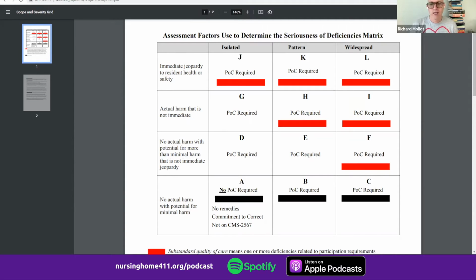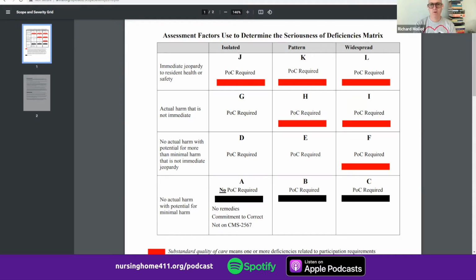And when the surveyor finds that a facility is out of compliance, that's when this matrix comes in. What this matrix actually does is it gives the surveyor, the survey team, a way to rate the seriousness of the violation in terms of its scope and its severity.